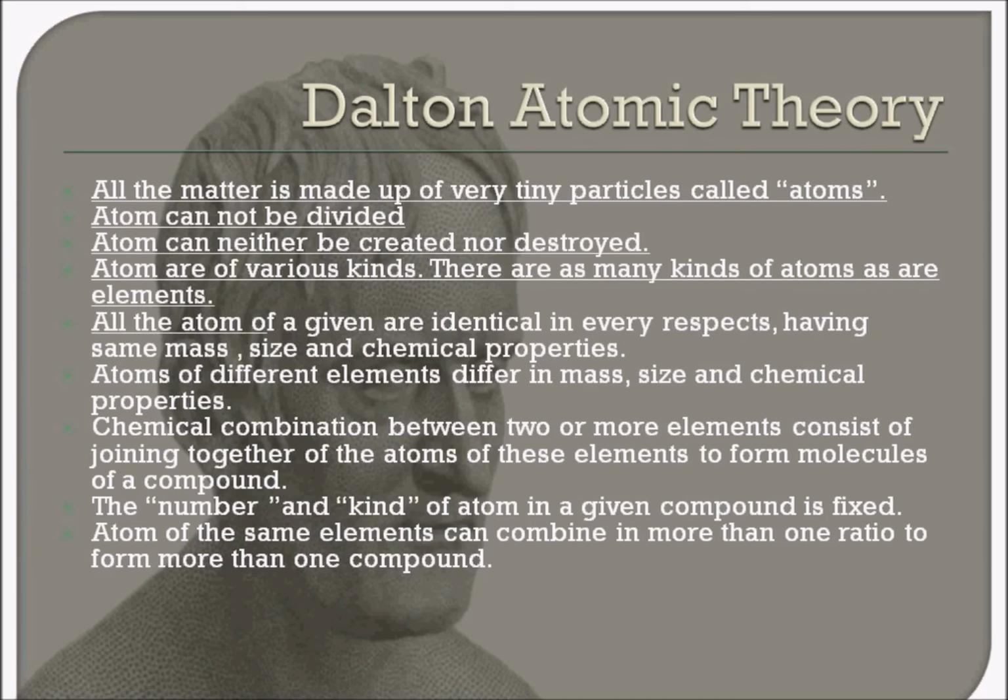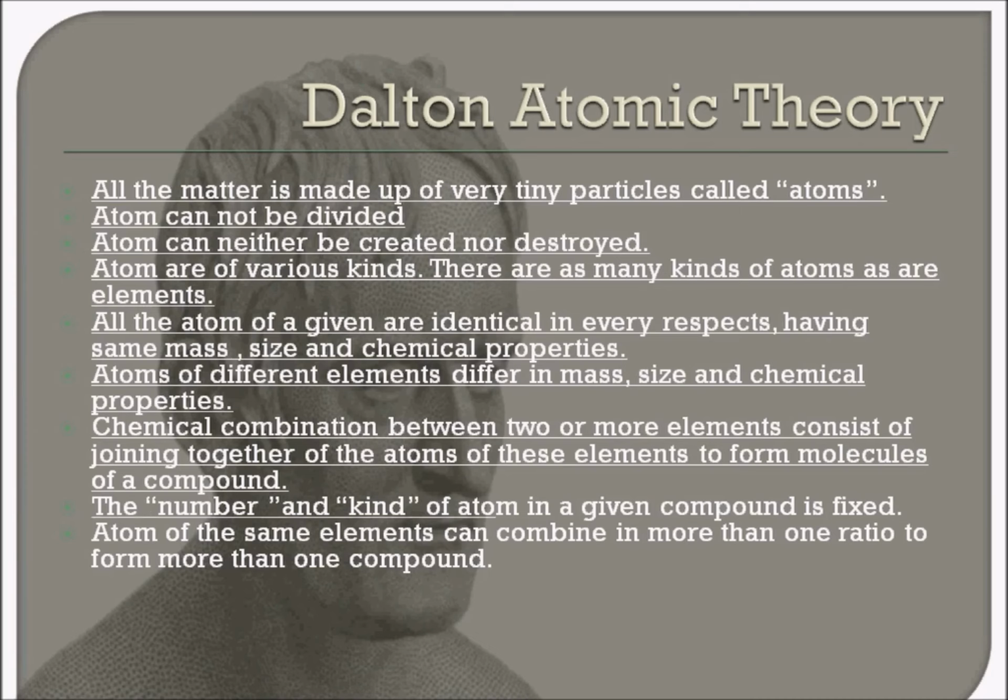All the atoms of a given element are identical in every respect, having the same mass, size, and chemical properties. Atoms of different elements differ in mass, size, and chemical properties. Chemical combination between two or more elements consists of joining together of the atoms of these elements to form molecules of a compound.